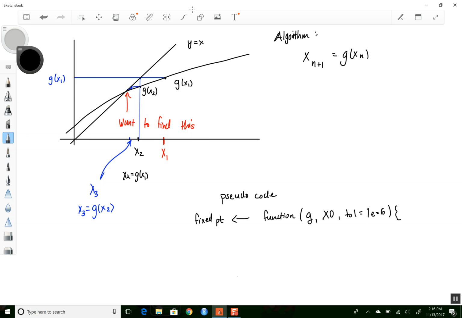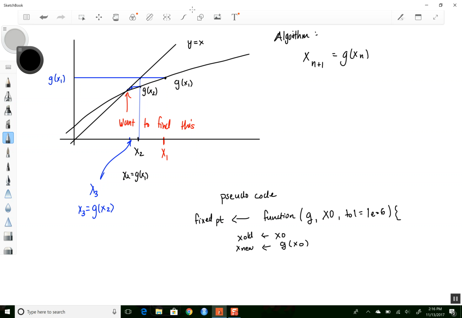And in here we would need the function g. So we'd start off where we set x old to be our x0, and then x new will be the function g at x0.